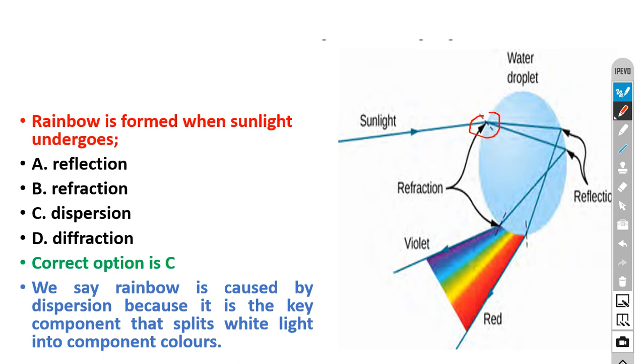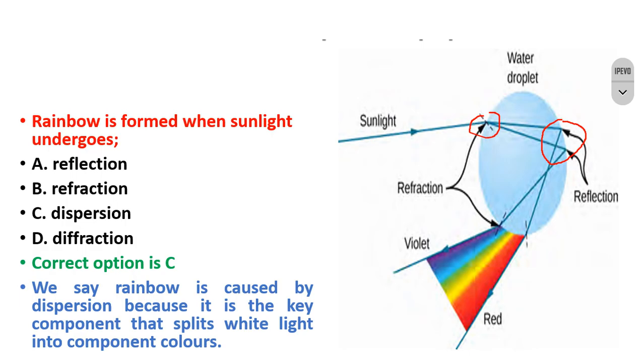So in the process of formation of a rainbow, we have refraction. We also have total internal reflection, where you see that the light is reflected totally. But at the final stage, the white light is split into different wavelengths of colors. That's what they mean by dispersion.